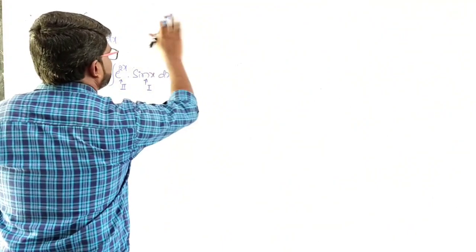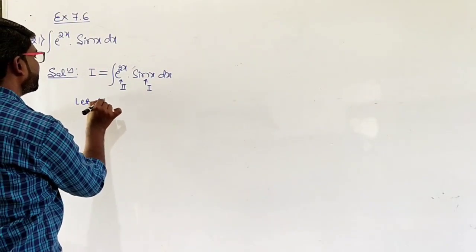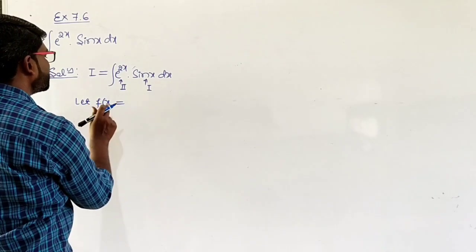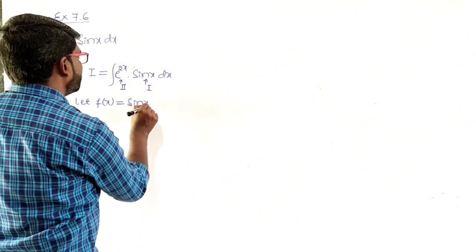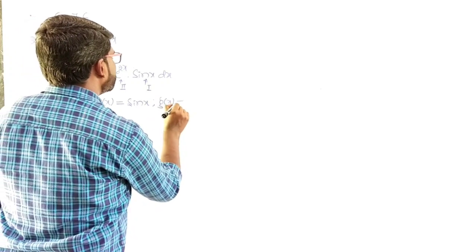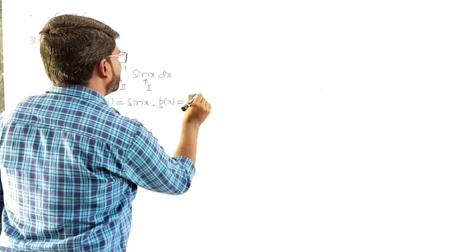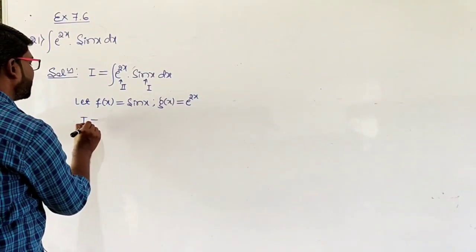So let us solve this now. Let f of x equal sin x, and g of x equal e power 2x. Now let us integrate by parts.